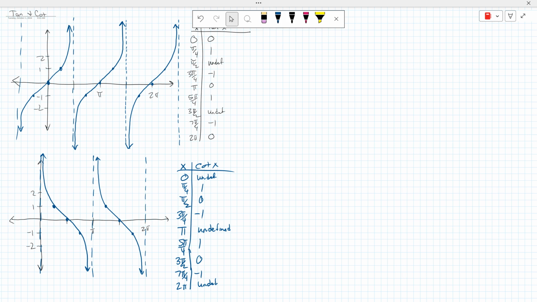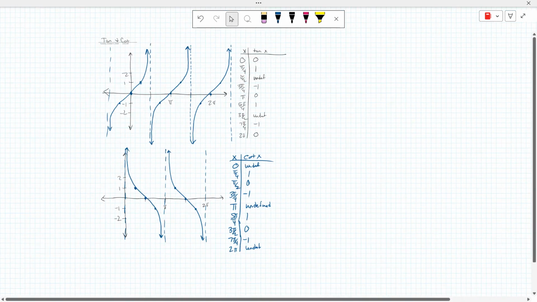Like where the asymptotes are. Yeah, the asymptotes are basically pi over 2 away from each other, right? One has them at pi over 2, 3 pi over 2, 5 pi over 2, 7 pi over 2, all the over 2s. The other one has asymptotes at 0, pi, 2 pi. Okay?